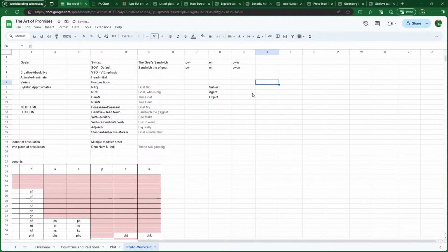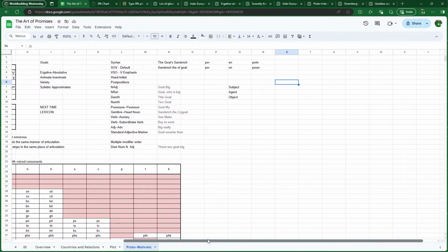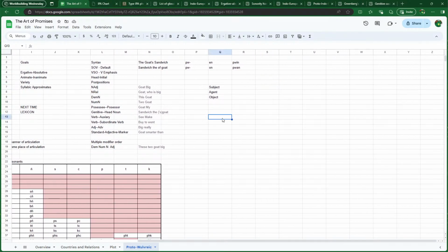So, transitive verbs versus intransitive verbs. Transitive verbs are those that can have an agent. Like, I give to you, let's say, right?